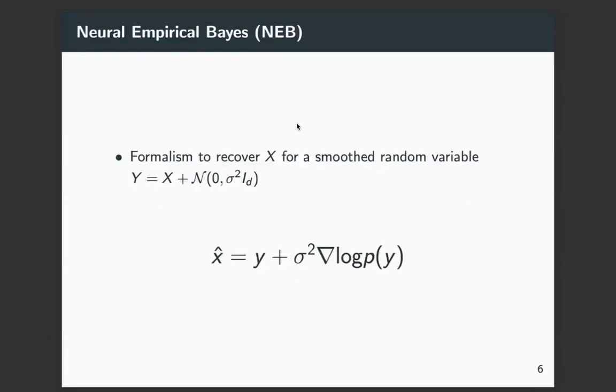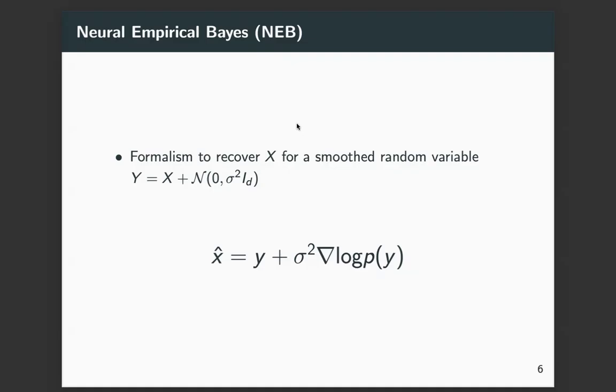The other thing we can consider here is neural empirical Bayes, which is essentially a way to add noise in a way that is recoverable. This x here is discrete, and then we add some Gaussian noise to it. When you add that noise, the y is actually continuous.